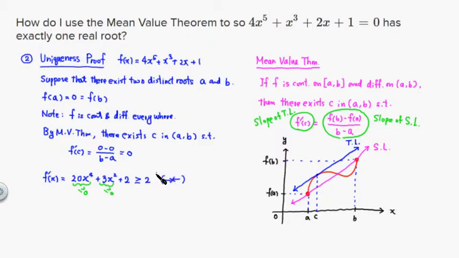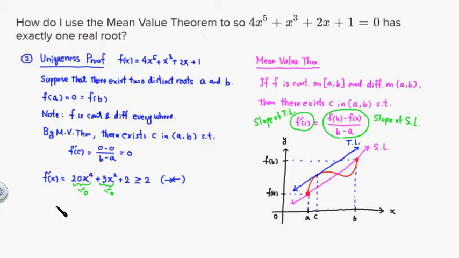So the reason why we got in trouble is that we assumed the wrong thing in the beginning. You can see that here there exist two distinct roots. So if we have two distinct roots, or even more, then we would get into the same trouble. So that means that this assumption in the beginning is false, which means that there can be only one.